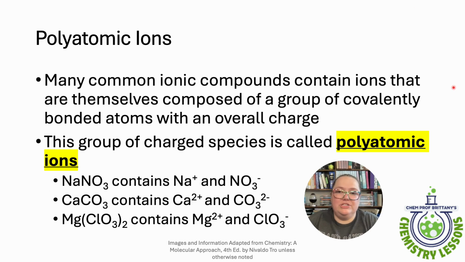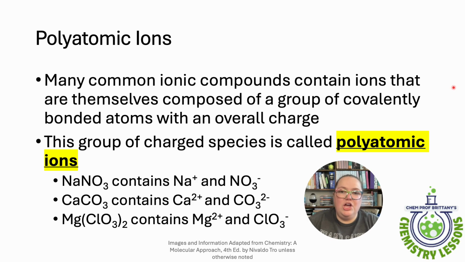And finally, I want to talk to you about polyatomic ions, which I mentioned just a minute ago. There are a lot of ionic compounds that are a metal and a nonmetal. However, there are also a whole lot of ionic compounds that are a metal and then a group of nonmetals.